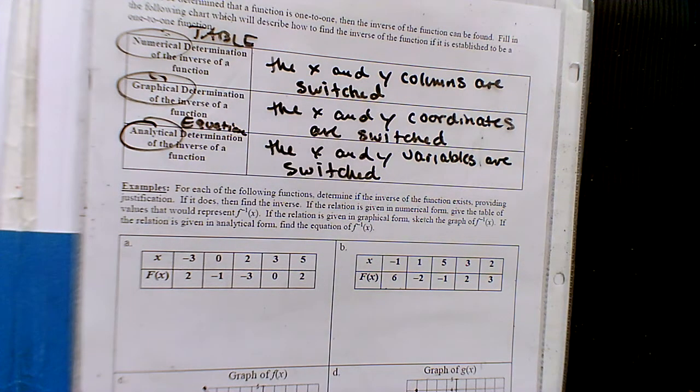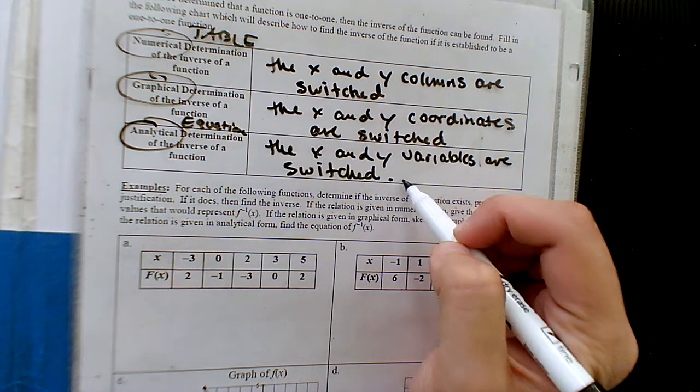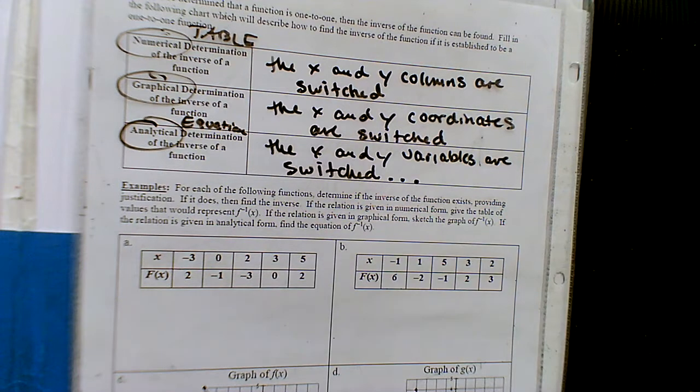Now, for this analytical part, there's going to be a little bit more to it, more than just switching. After we switch the x and y variables, we're going to rewrite it a little bit. You are used to your entire high school career having a y equals equation. So when you switch the variables, wouldn't it then become an x equals equation?